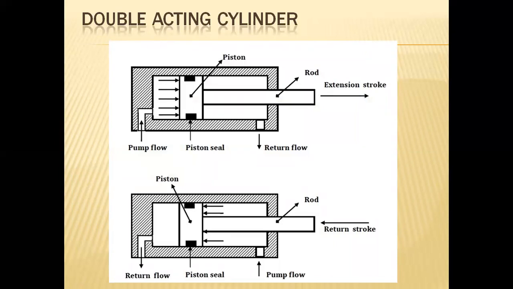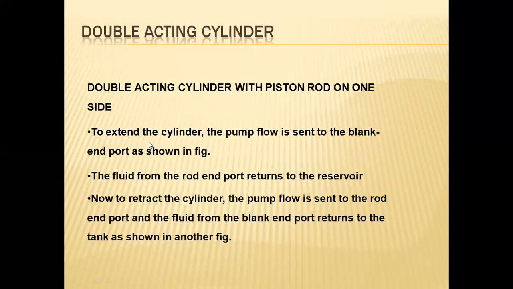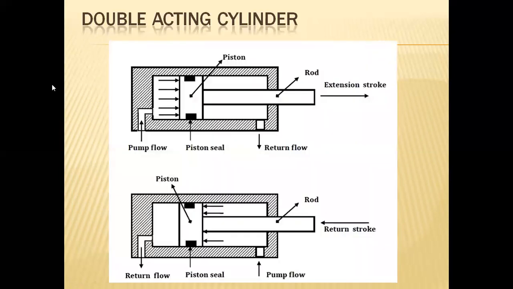Alright, so the double acting cylinder, this one diagram. When the pump with pressurized fluid flows towards port 1, considering this is inlet port 1 and this is inlet port 2, the prime mover, as we have discussed, will create a pressure higher than the atmospheric range.